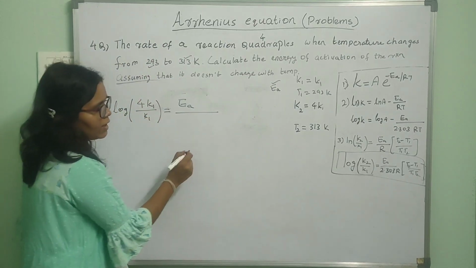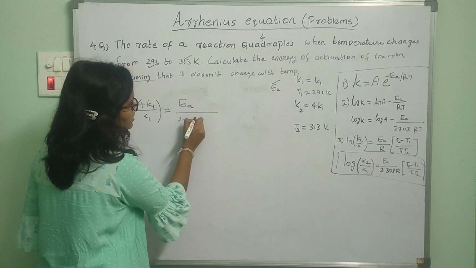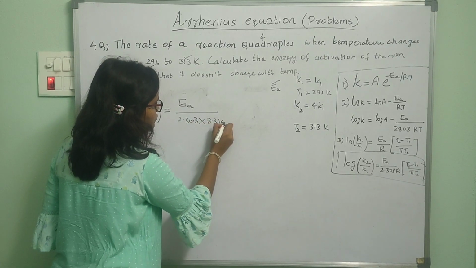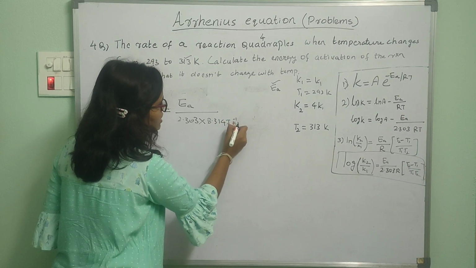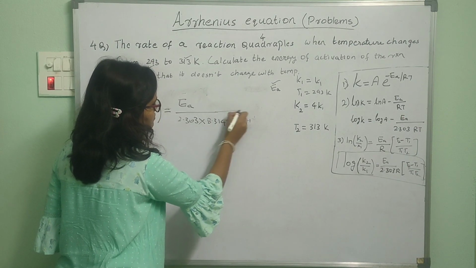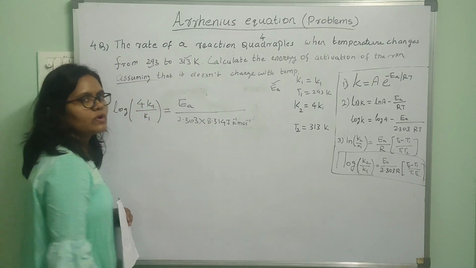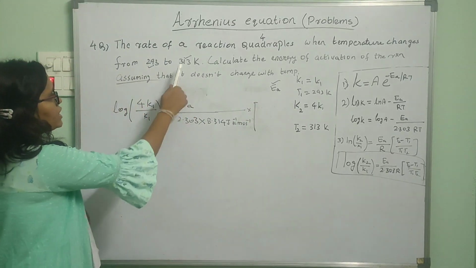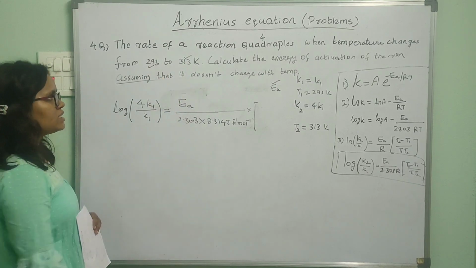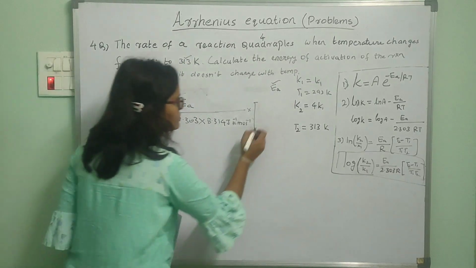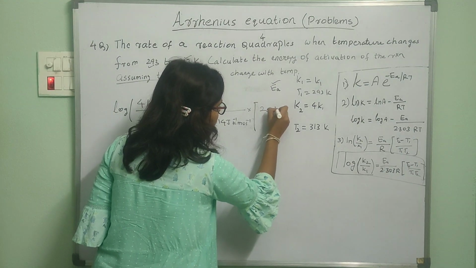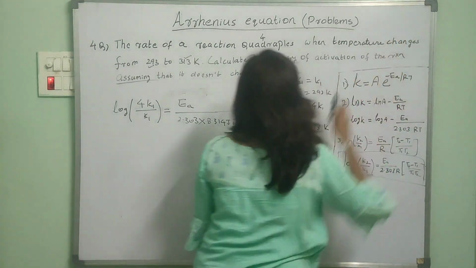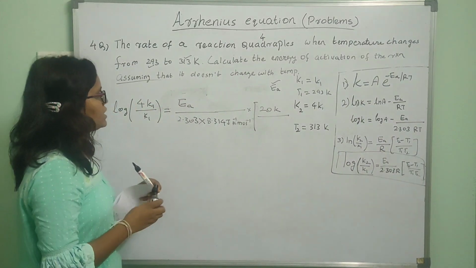Okay. EA by 2.303. What is the value of R? 8.314 Joule Kelvin inverse mole inverse. So what is T2 minus T1? So this would be 313 minus 293. That is about 20 Kelvin. So what is T1 into T2? 293 into 313.